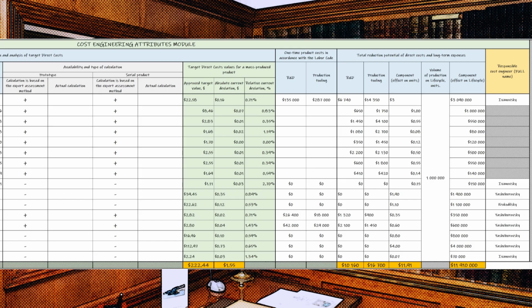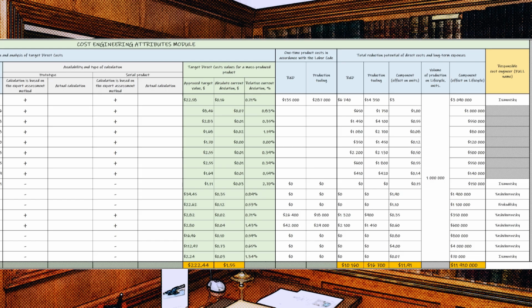Regarding the functional purpose of the total direct cost reduction potential block, everything is also simple. When the project manager opens the BOM, he can access the prospects of reducing one-time costs and direct costs of R&D, tooling, and product components respectively for the current project milestone.